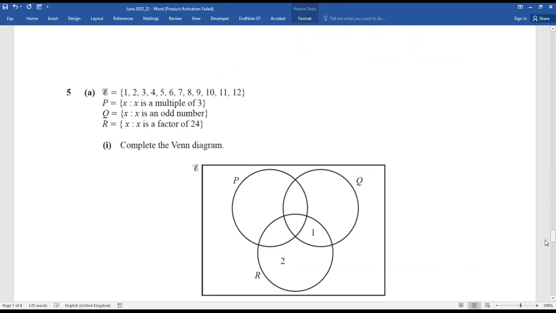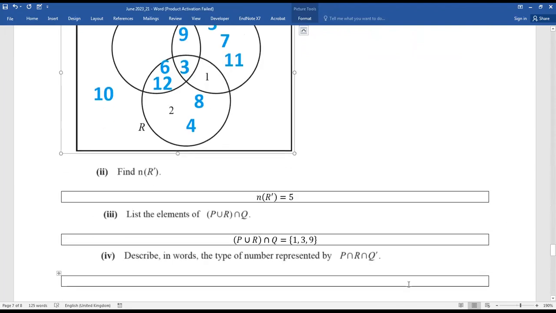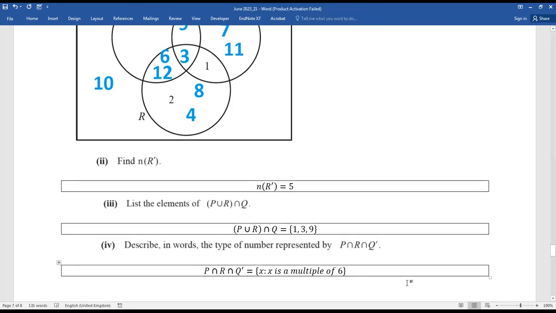So we find these two numbers, 12 and 6. How can we describe it? We can say that P intersection R intersection Q' is X is a multiple of 6. We can use this to describe it in words.